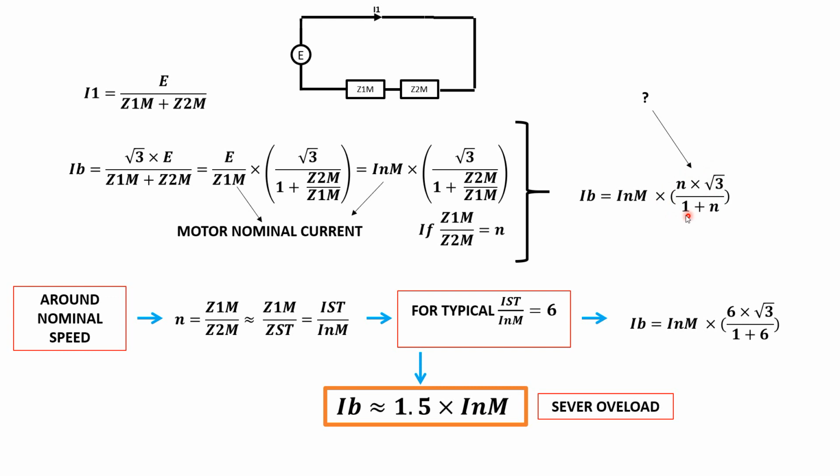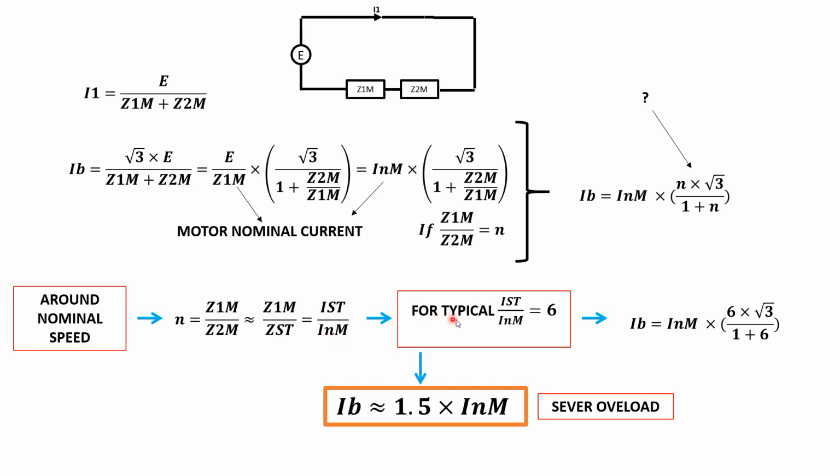What is this value? Now, around nominal speed, this ratio, positive to negative, is approximately positive to starting. And positive to starting is the inverse of the starting current divided by nominal current.